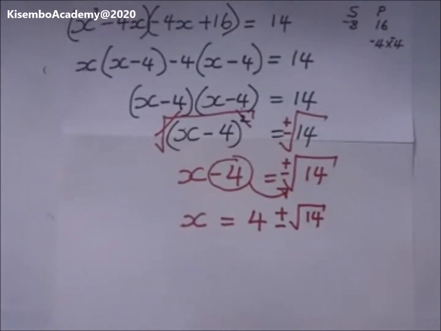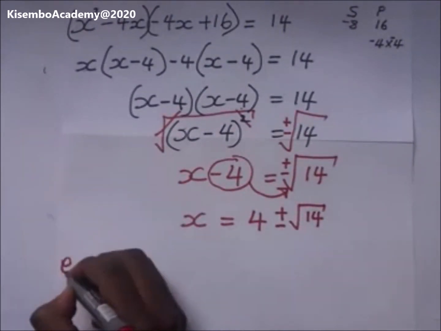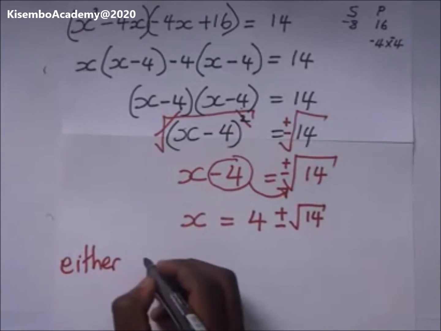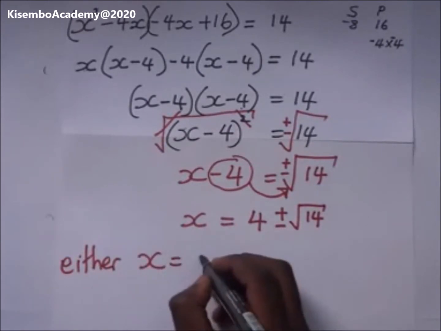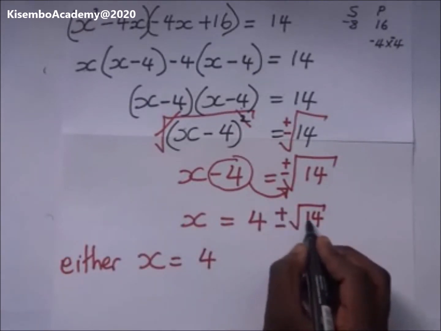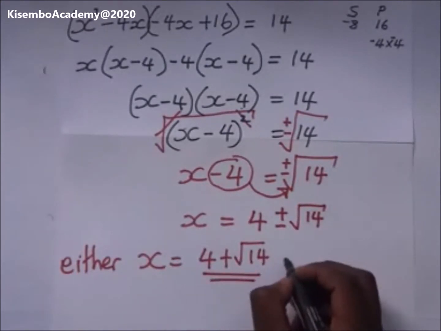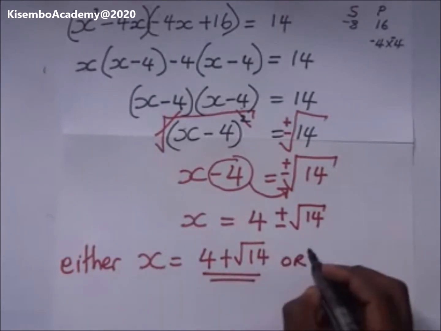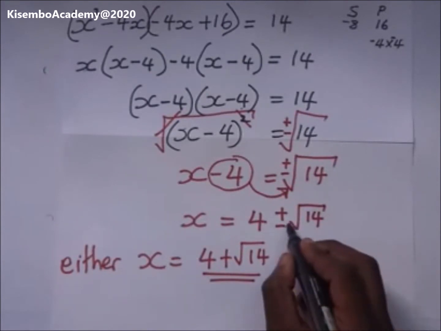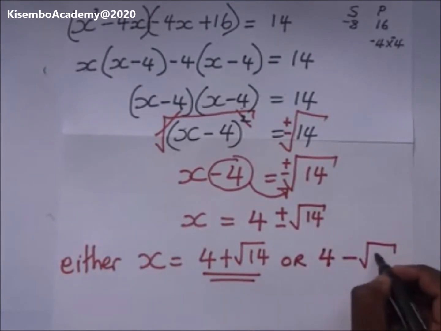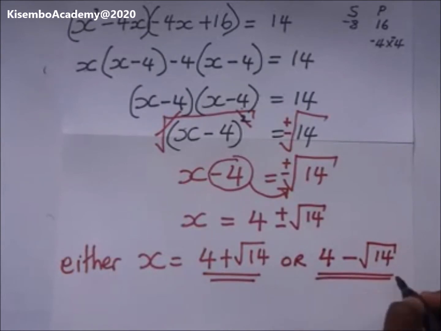From here we have two values of x. Either our value of x is going to be equal to 4 plus root of 14, or our value of x is going to be 4 minus the square root of 14. And those are our two values of x.